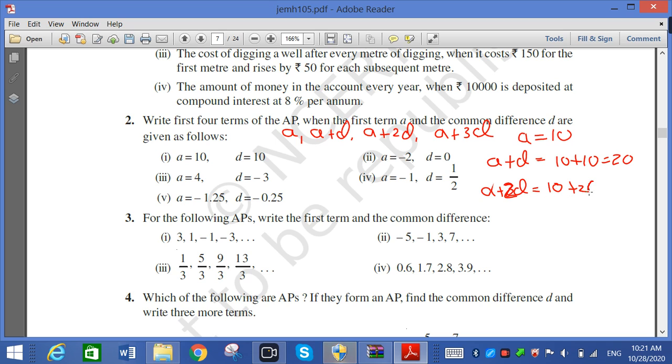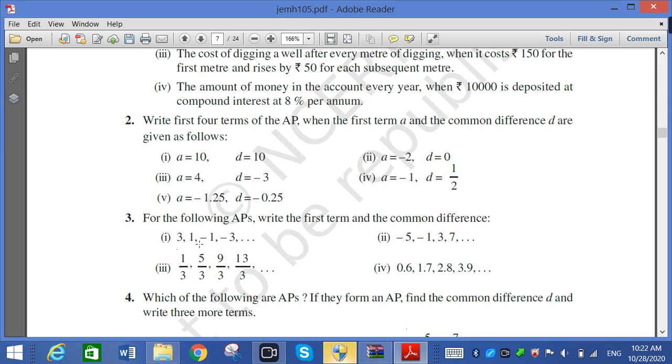So 2 into 10, that is 10 plus 20, that is 30. Now A plus 3D, 3 into 10, so 10 plus 30, that is 40. So I am explaining only one, but now you have understood properly. Then I think you have to do it yourself.